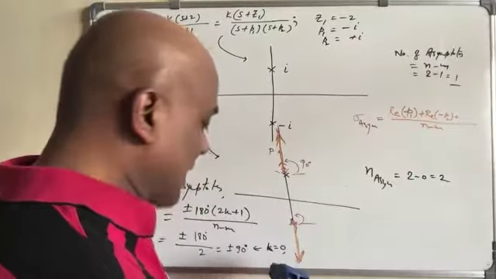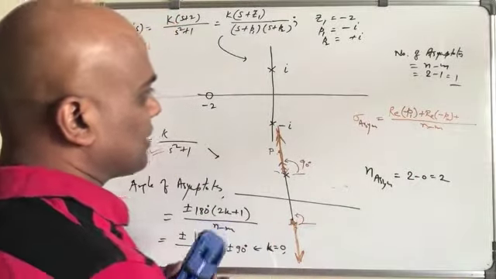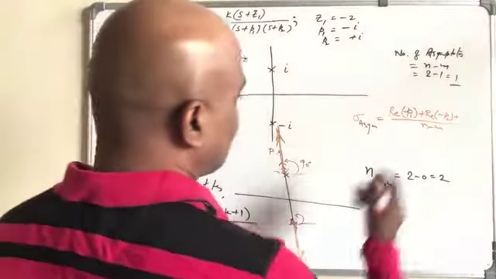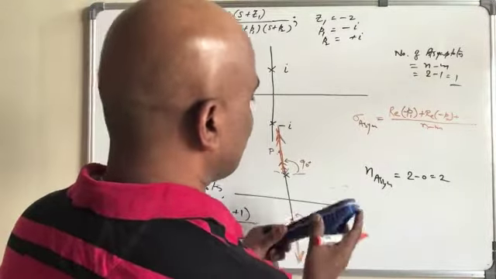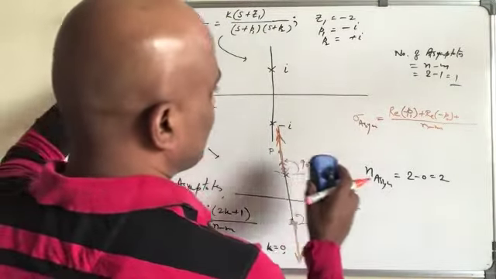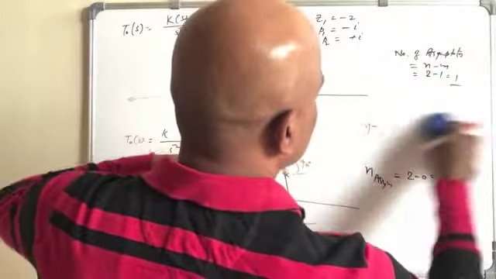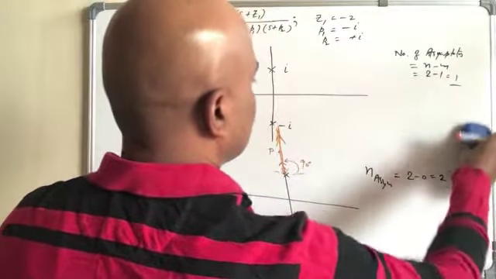But this is correct when there is no zeros. When there are zeros, then you have to write it differently. So in this case, I will rewrite here.